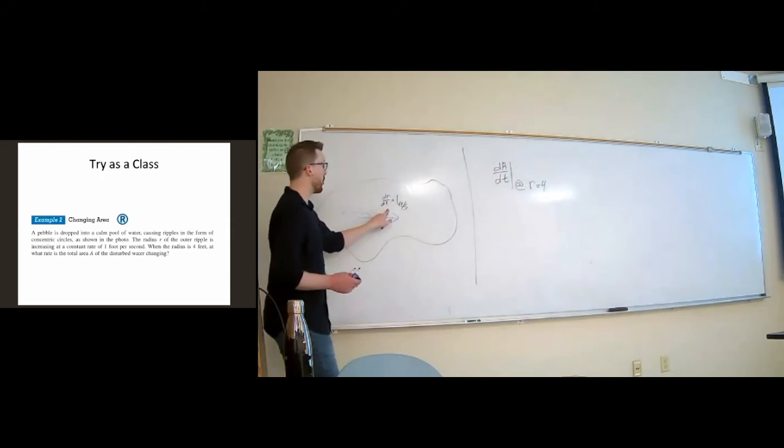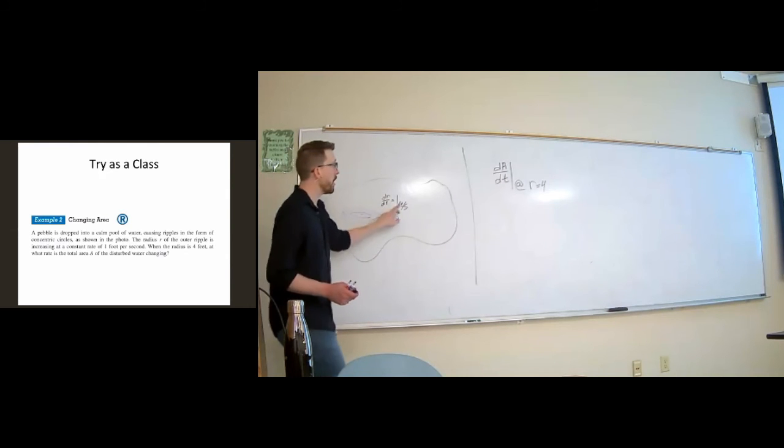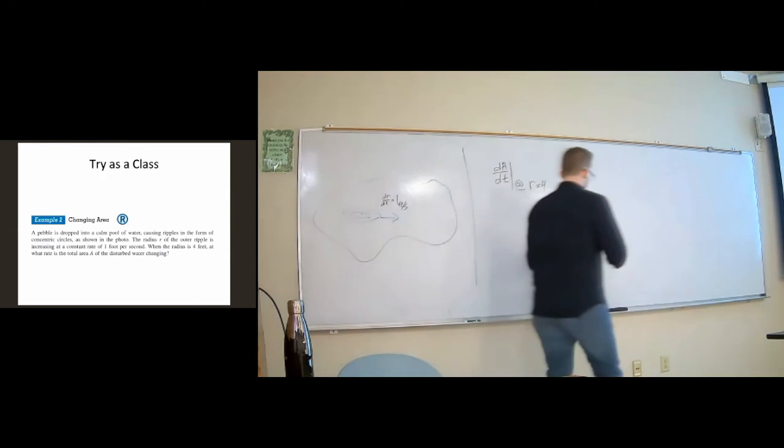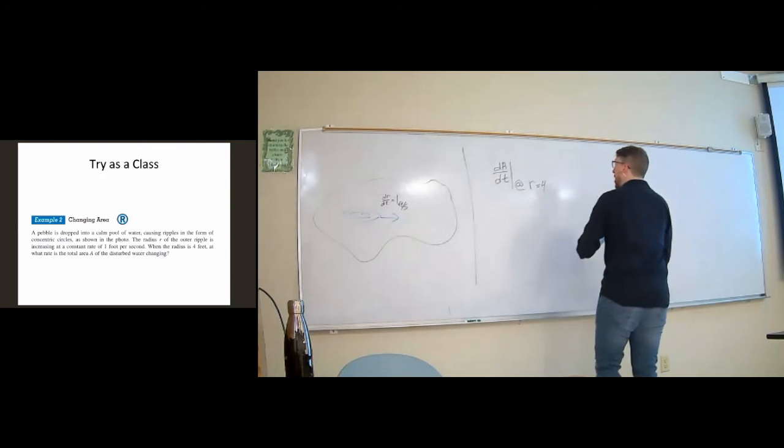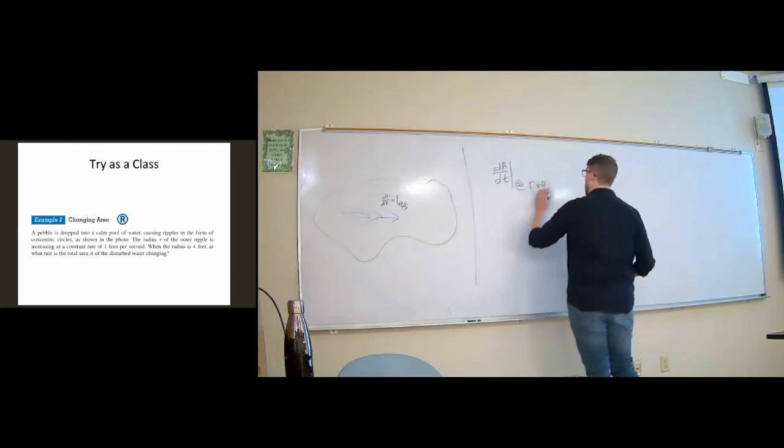So this is what we're told, that the change in radius with respect to time is 1 foot per second. And what we want to find is what the change in area is with respect to time when the radius is equal to 4 feet.